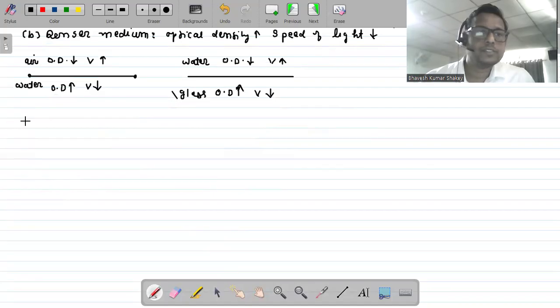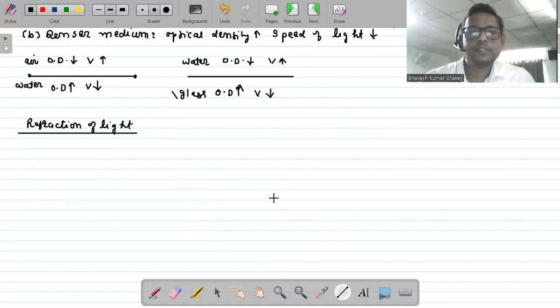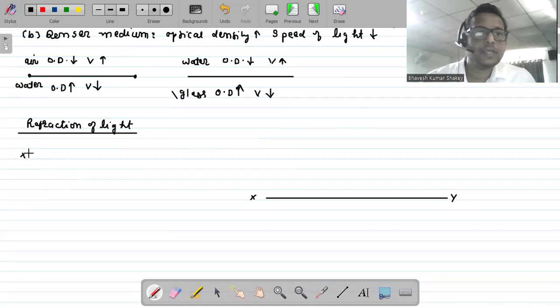The next topic is refraction of light. Okay, so to understand refraction of light, let's see here. Let's say this is XY. This XY is an interface.